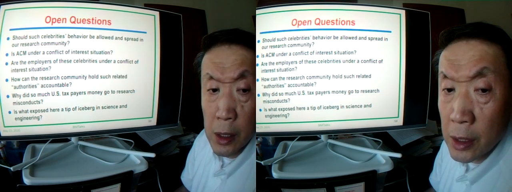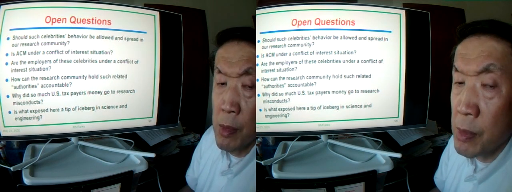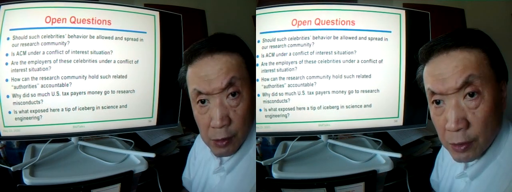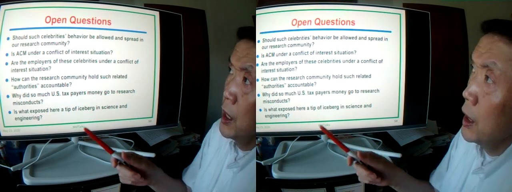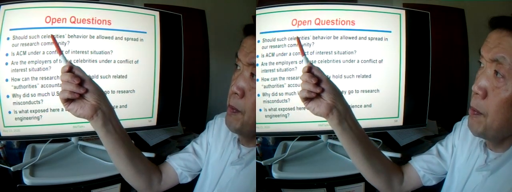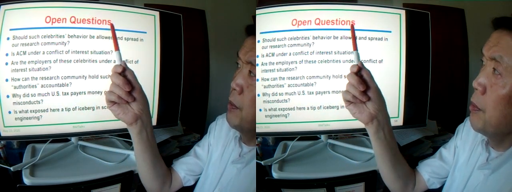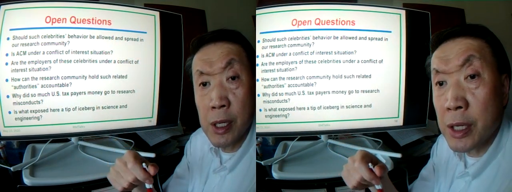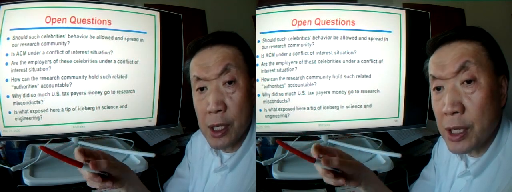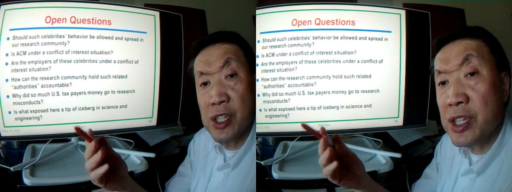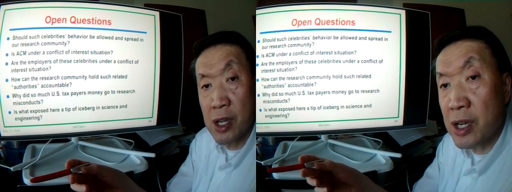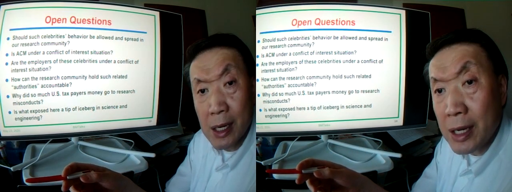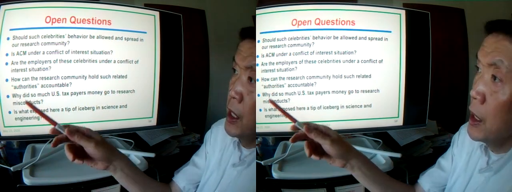And now there are many important questions remaining, and we must be sensitive to those questions. Should such celebrities' behavior be allowed and spread in our research community? And because they are supposed celebrities, and people respect them, should their behaviors be discussed at all? Or just keep everything in a black box, lacking transparency?